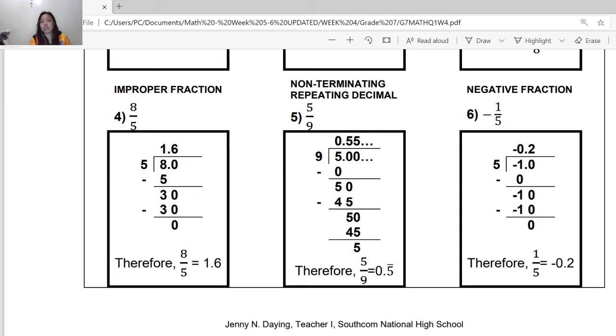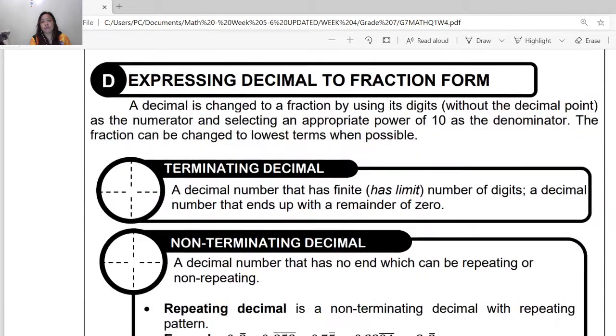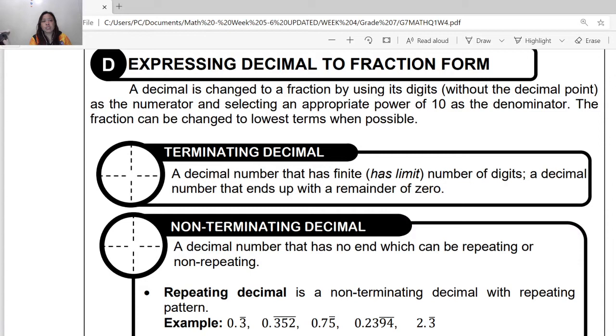Okay, that is for negative fraction. Then, how are we going to express decimal to fraction form? A decimal is changed to a fraction by using its digits without the decimal point as the numerator and selecting an appropriate power of 10 as the denominator. So the fraction can be changed to lowest term when possible.